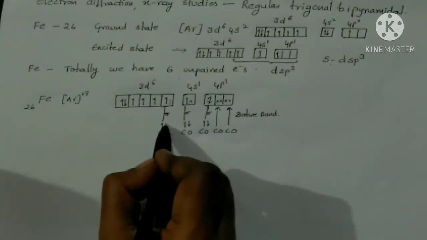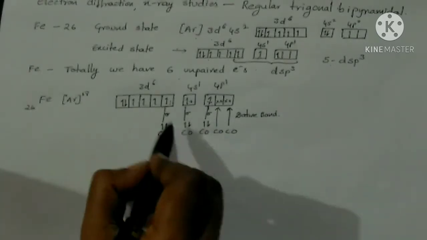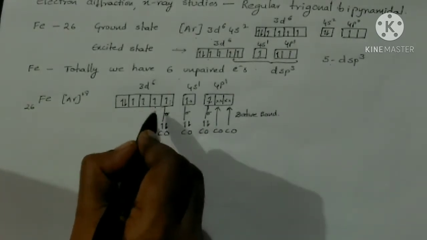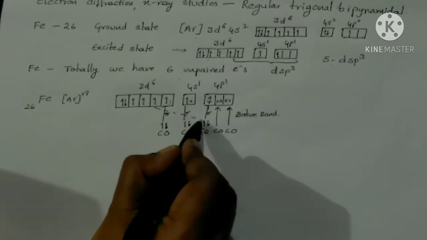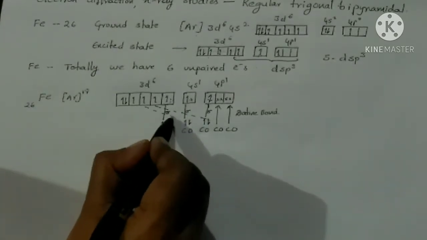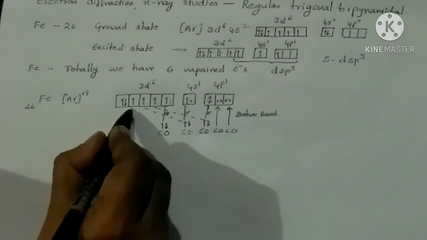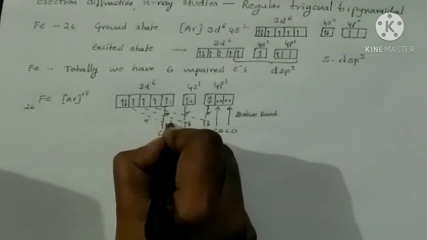And we have a single electron left in these 3 carbonyl groups, and these pair up with the pure 3d orbitals, and these pair up with the unpaired electron left in the carbon monoxide groups and form a pi bond.